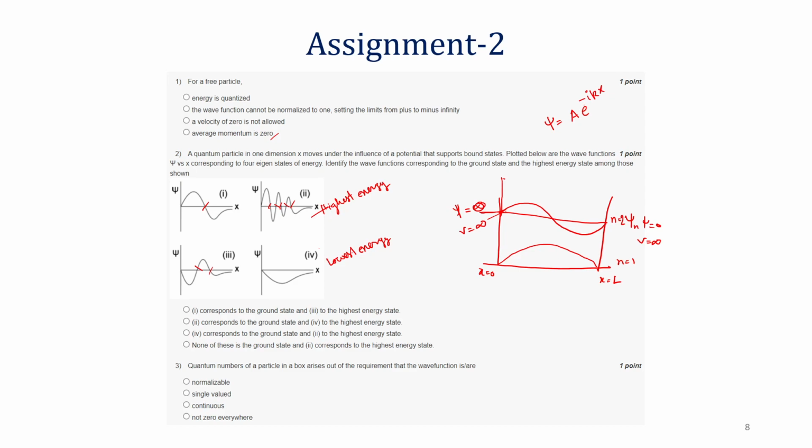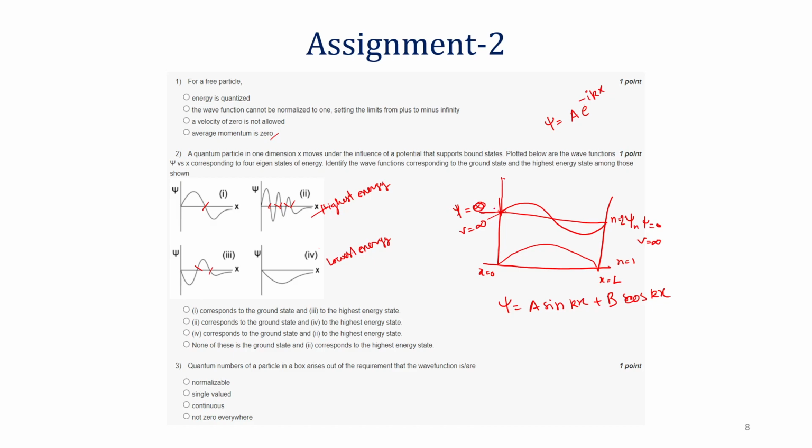But when we are solving the equation, suppose we are getting psi equal to a sin kx plus b cos kx. Now suppose there are boundary conditions.